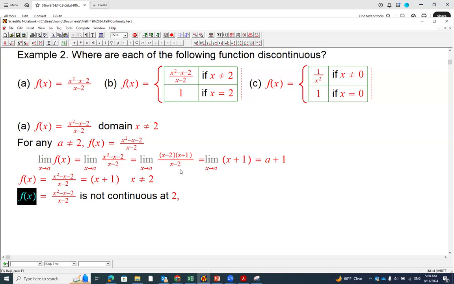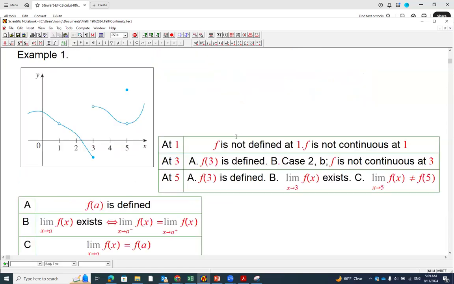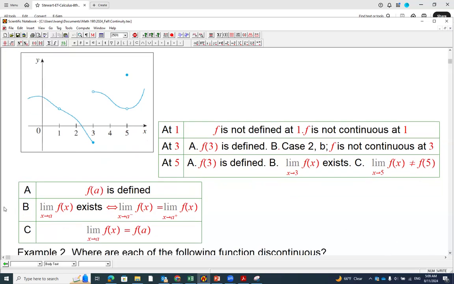So the first reason, the first reason, is violated.